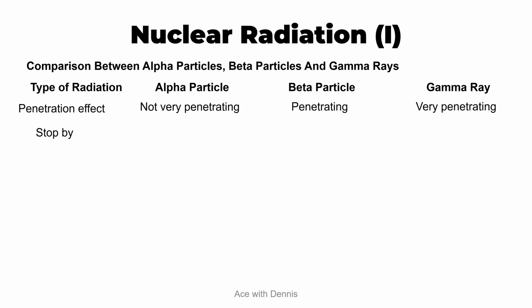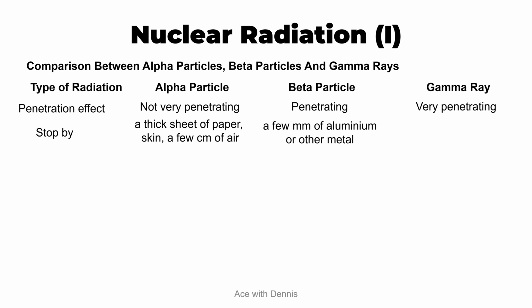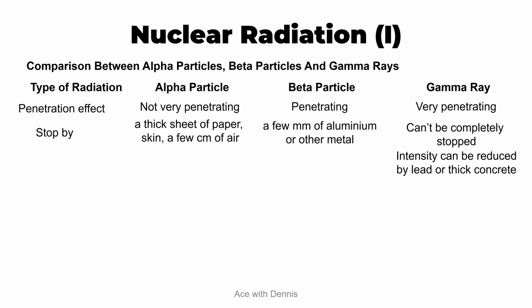The alpha particle can be stopped by a thick sheet of paper, skin, or a few centimeters of air. The beta particle can be stopped by a few millimeters of aluminum or other metal. The gamma ray cannot be completely stopped, but its intensity can be reduced by lead or thick concrete.